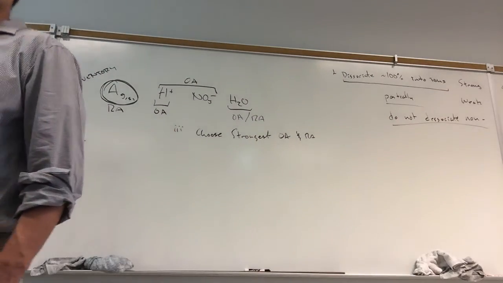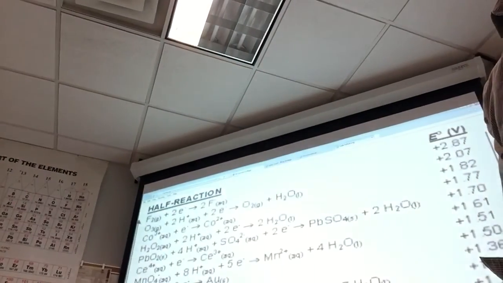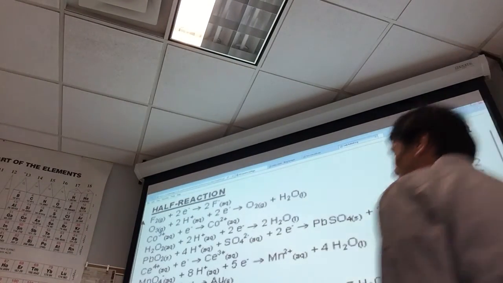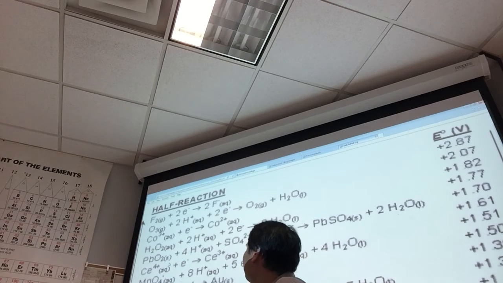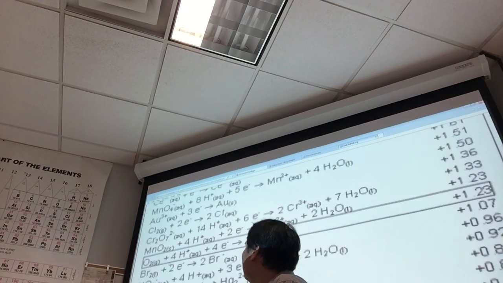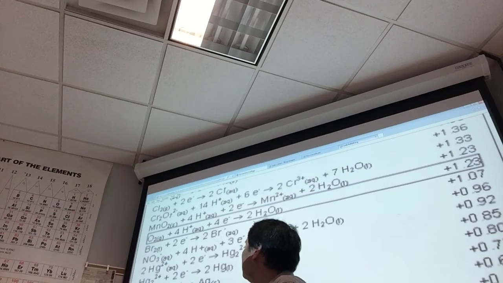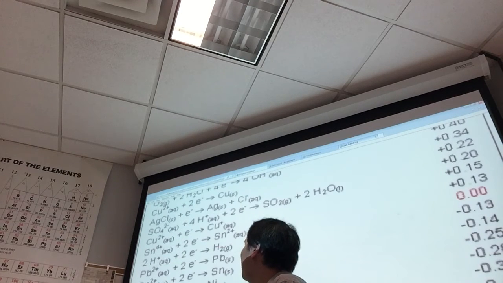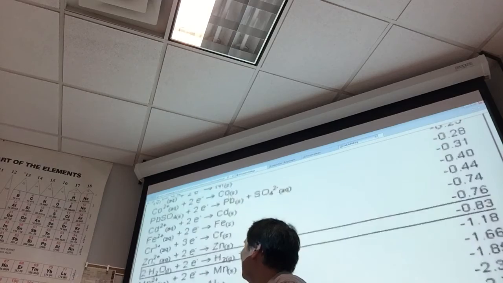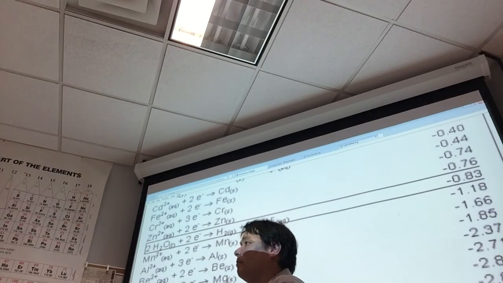And so all we do is we start off at fluorine and then work our way down until we hit the first one. Starting off at fluorine, what's the first oxidizer I'll hit? Down here. The first oxidizer I hit is nitrate with H+. The others, H+ is way down here, and H2O is near the bottom of the chart.